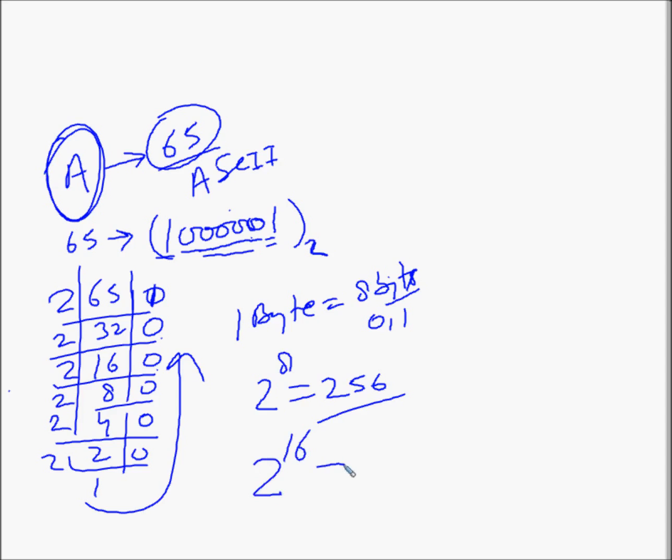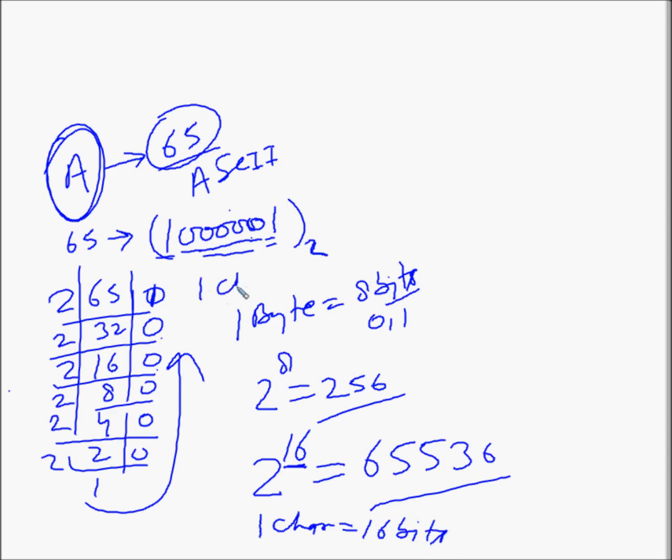It has become 16. So now 65,536 characters we can symbolize in a computer. And 16 means what? It is 16 bits, right? So here we are saying one character equals 16 bits. Earlier, one character equaled 1 byte, and 1 byte equals 8 bits.